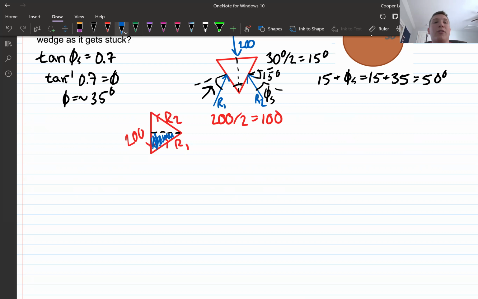And now I also know that this angle here in the triangle shaded blue is going to be 50 degrees, because that is the angle at which R sub 1 comes in from the x-axis.